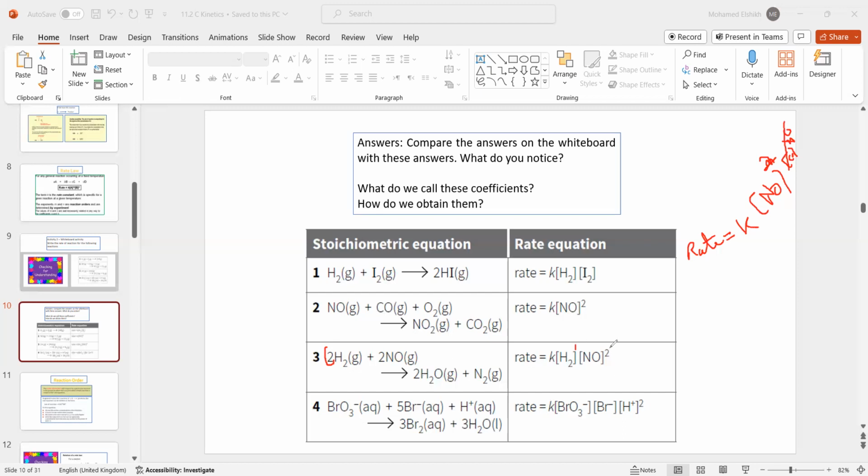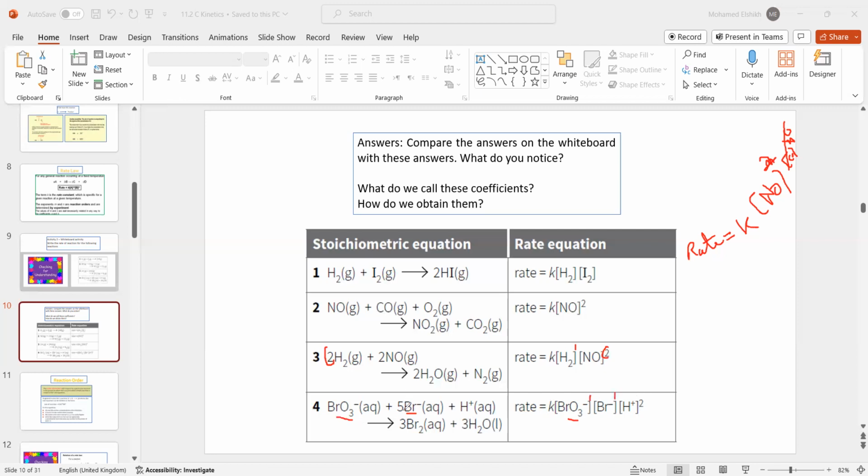Now, this 2 here happened to be the same as this coefficient, but actually, it's nothing to do with this coefficient. It is basically a value that's been determined experimentally. Now, in this chemical reaction, as you can see, here you have this species, and the second species is supposed to be this species raised to the power 1, and this raised to the power 2.